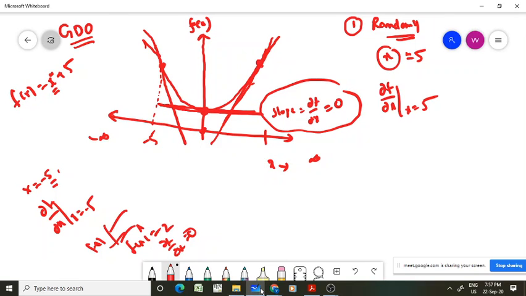The point where your slope is equal to 0, that is the optimum point.